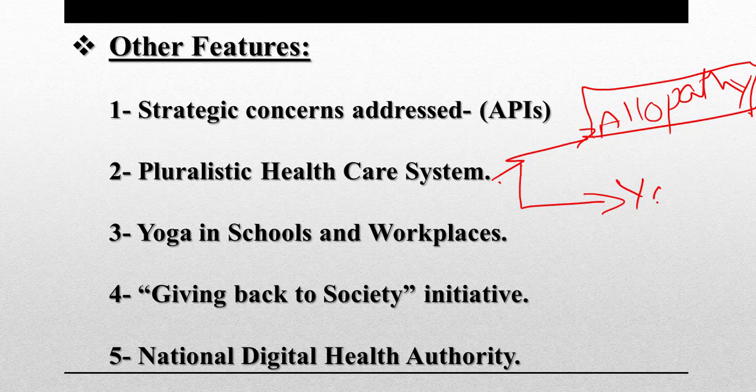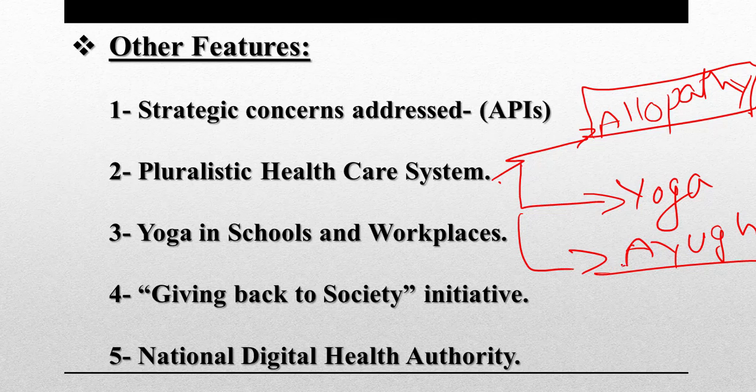For that, yoga is there, all thanks to Baba Ramdev. And Ayush is there, Ayurvedic is there, homeopathy is there. Homeopathy offers many solutions to many health problems which allopathy cannot yet offer. So there is going to be a pluralistic healthcare system where excessive reliance on allopathy would be reduced.